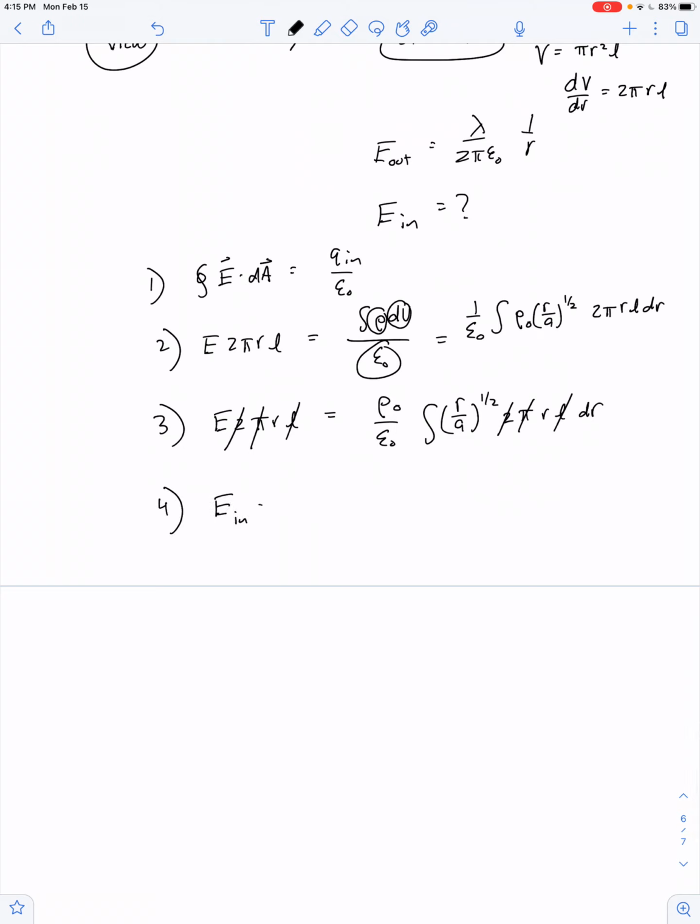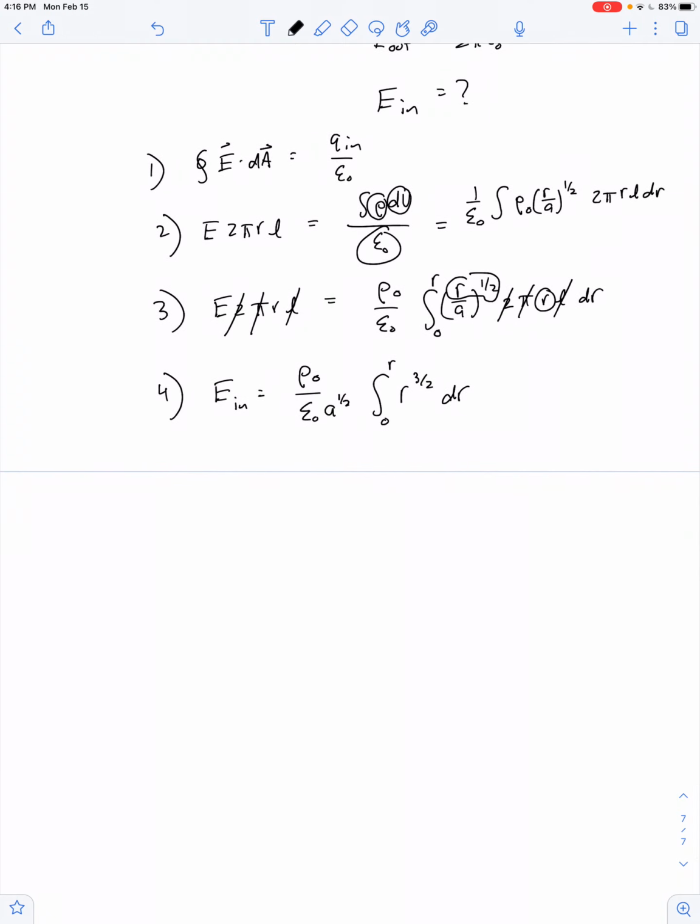So E in is equal to rho naught over epsilon naught. Let's pull out the a to the 1/2 power as well. So now we've got an r to the 1/2 and an r to the first, so that's r to the 3/2 power total. And then we're still left with a dr. Oh, and we're integrating from 0 up to lowercase r.